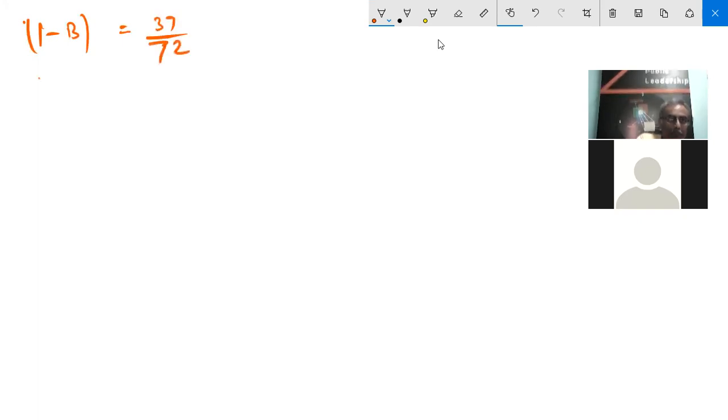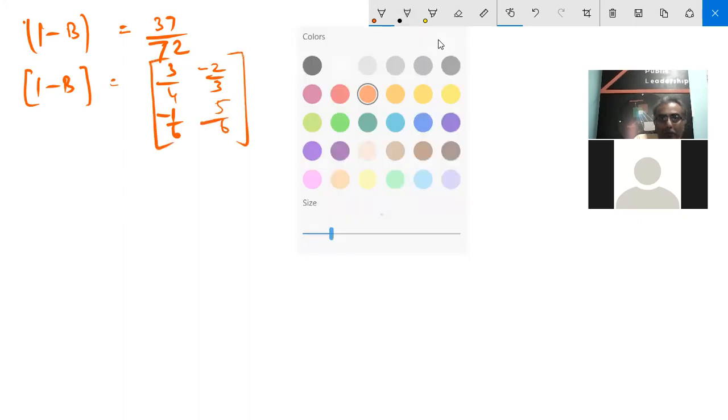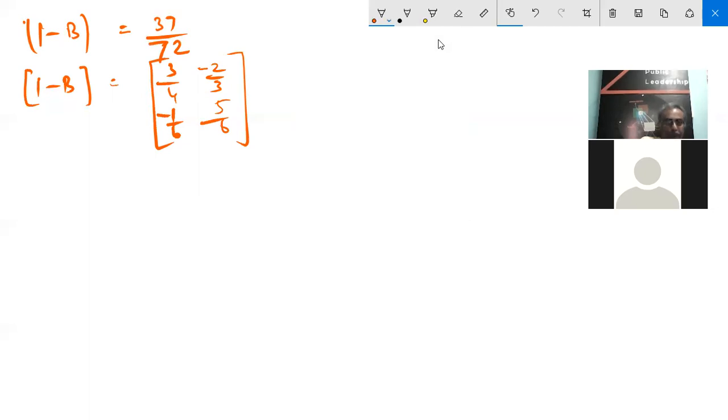Then I minus B matrix is equal to 3/4, minus 2/3, minus 1/6 and 5 by 6.